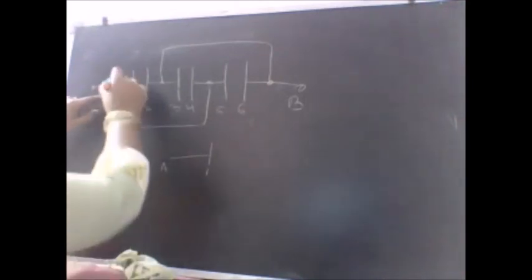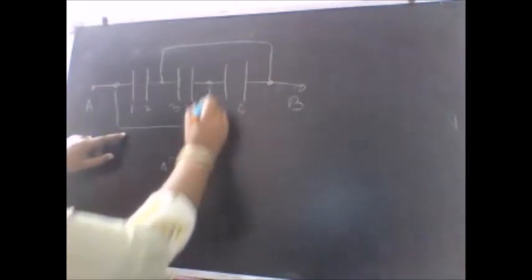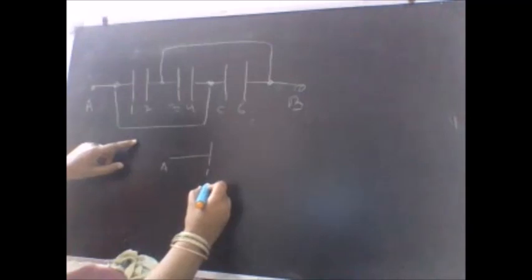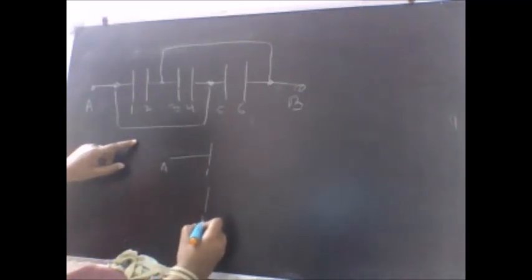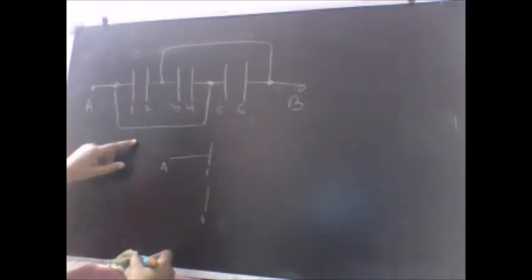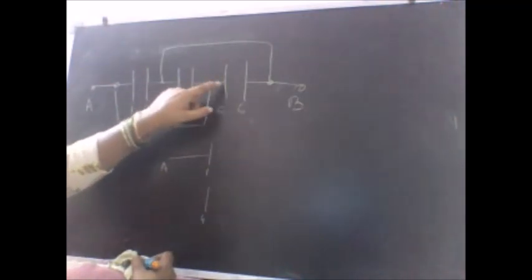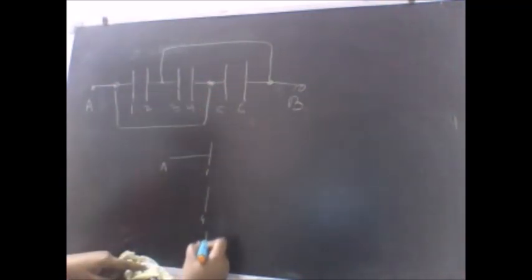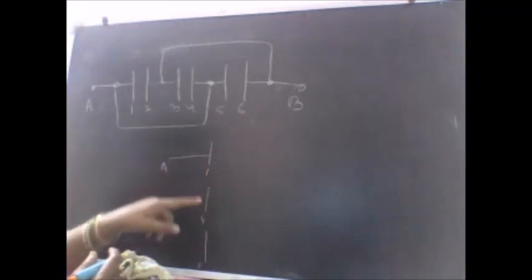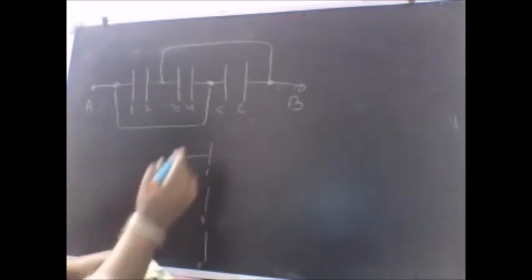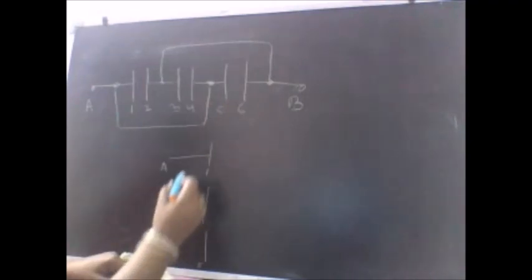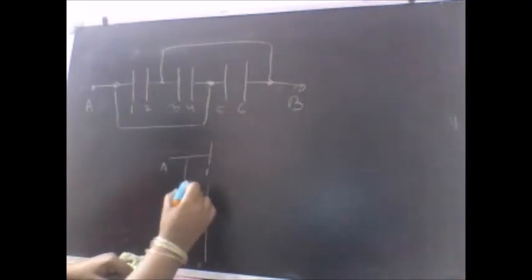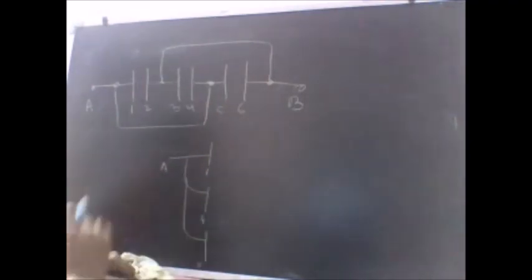Plate number 1 is also connected to plate number 4, so I have taken another plate here, which is plate number 4. Plate number 4 is connected to plate number 5, so I have taken another plate here, which is plate number 5. So 3 plates I am done with, and all 3 plates are connected to each other. So this is the connection here and this is the connection here.